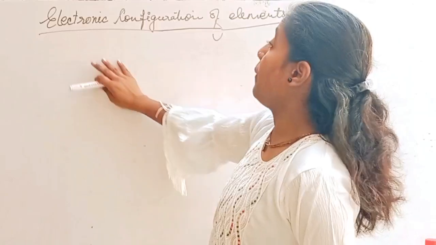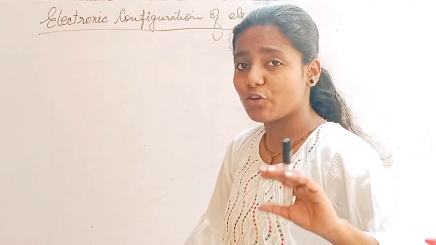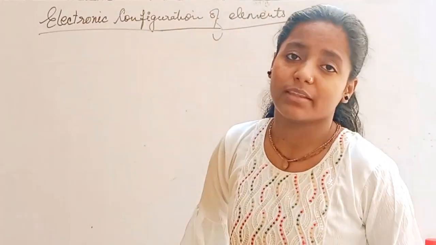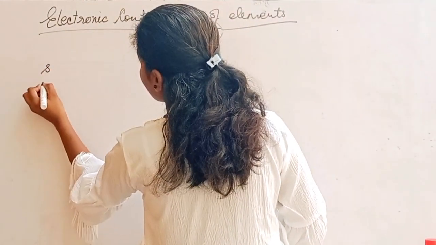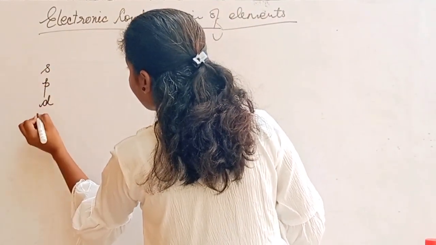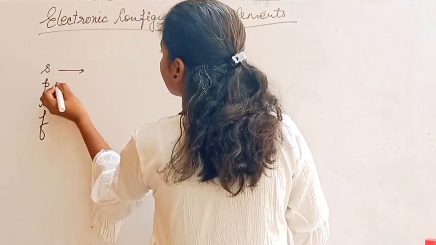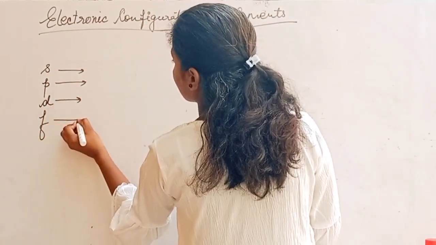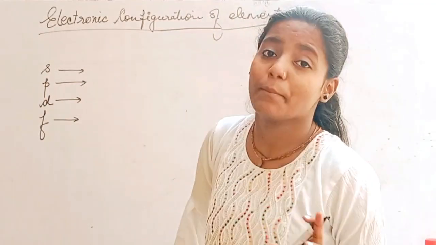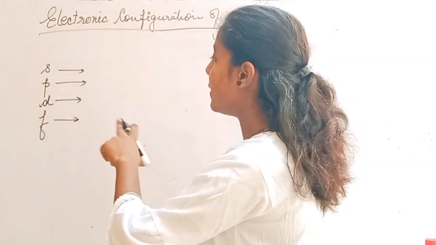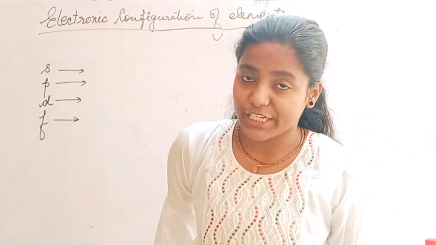Before starting off and understanding how to write electronic configuration of an element, the first thing is understanding the SPDF. Now we have just talked about S block element, P block element, D block element, and F block element. On these bases, we are going to write electronic configuration of elements.